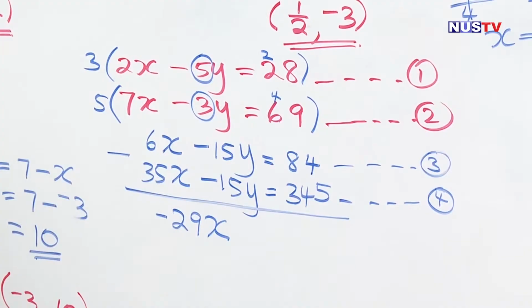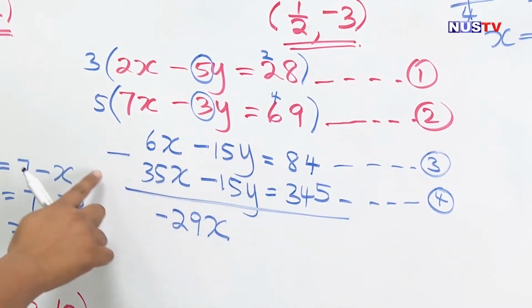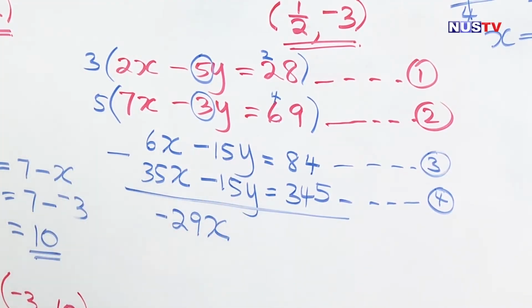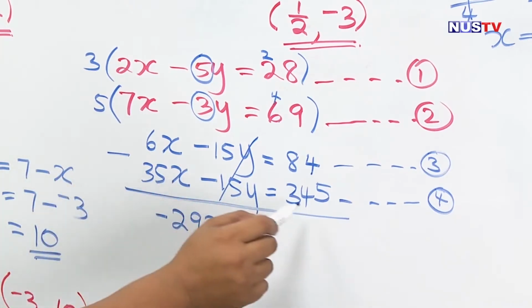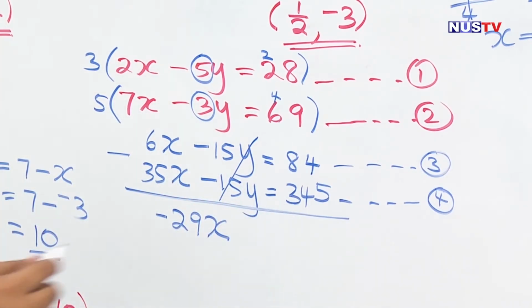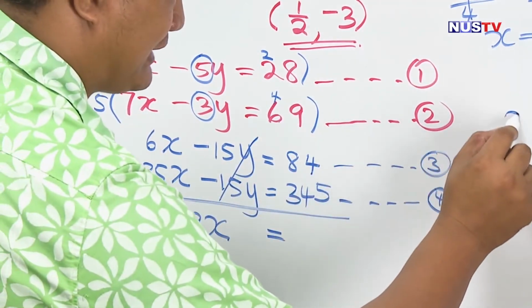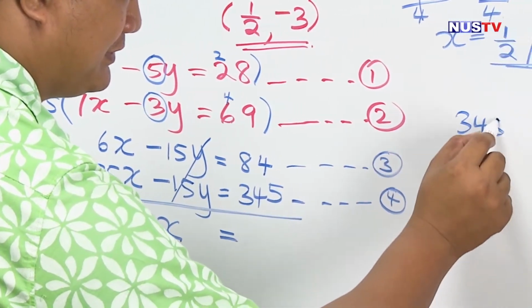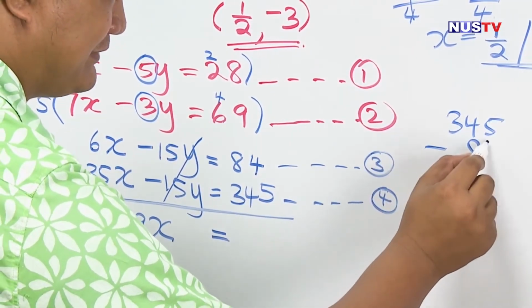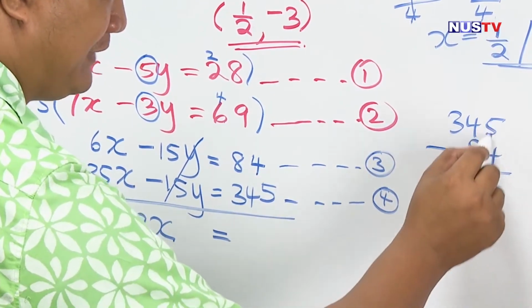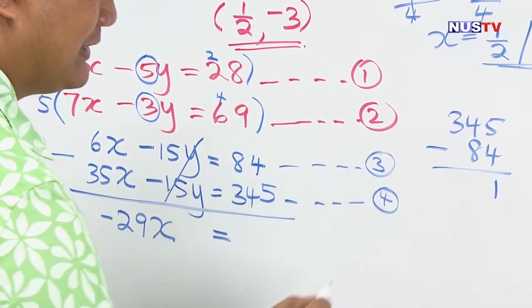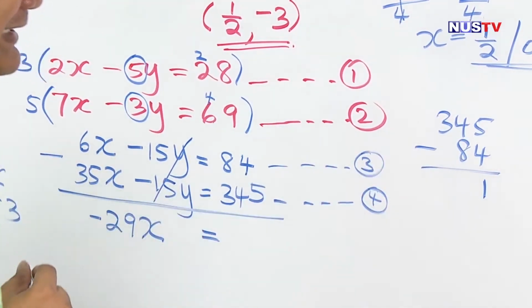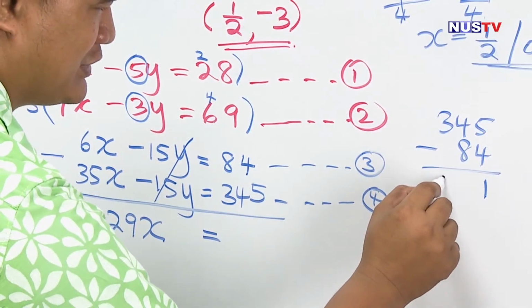For this one, we have negative 15y minus negative 15y, that will be eliminated. And then 84 minus 345, so let's put it here. So 345 take away 84. So 5 minus 4 is equal to 1, and 34 minus 8, that will be 26.